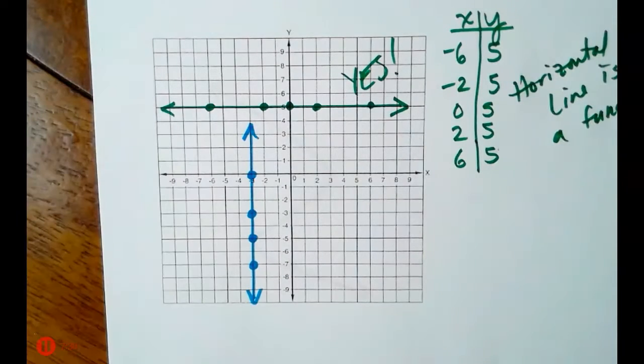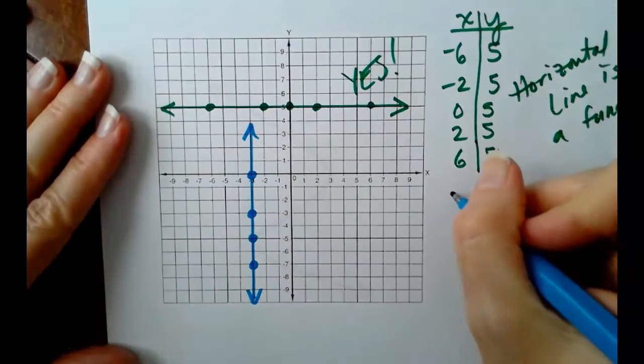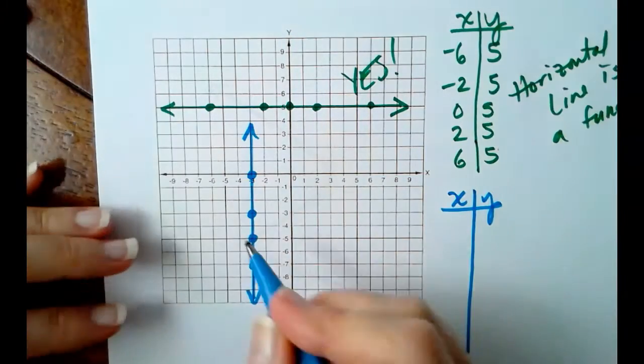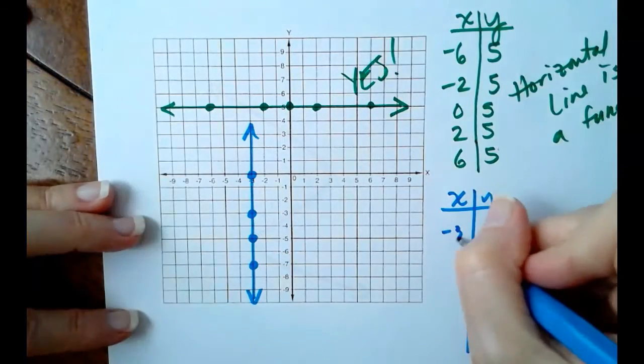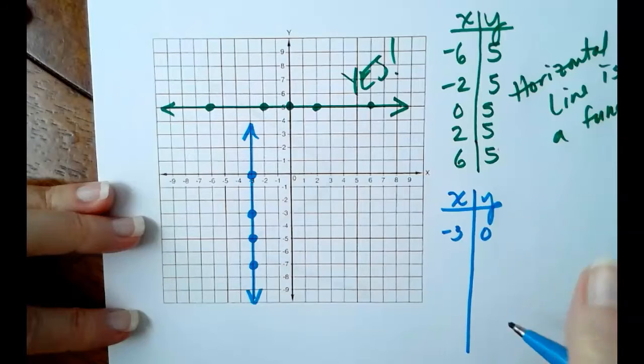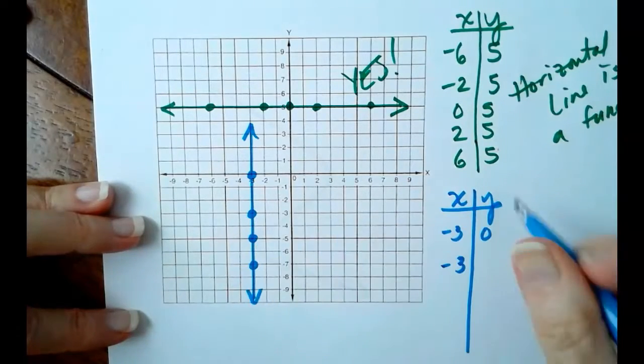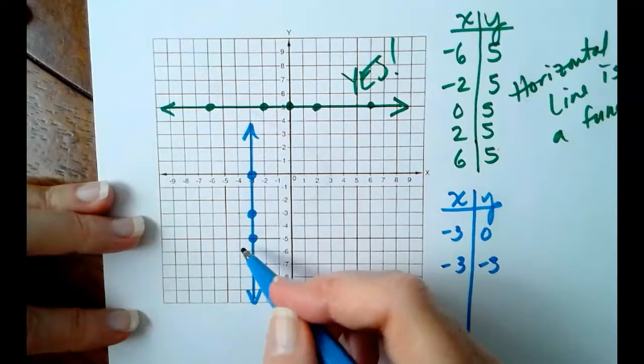Now, let's take a look at the blue line, the vertical line. Can a vertical line pass the vertical line test? No. Also look at its XY chart. When we start plotting these points, negative 3 goes to 0. Negative 3 also goes to negative 3.